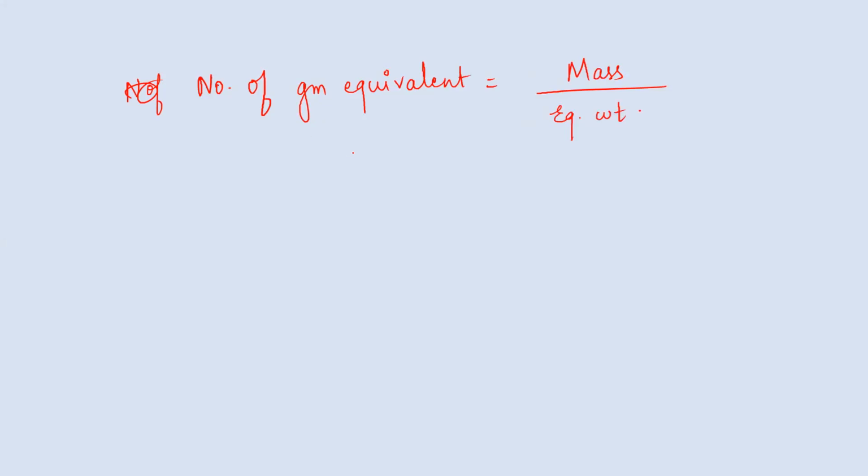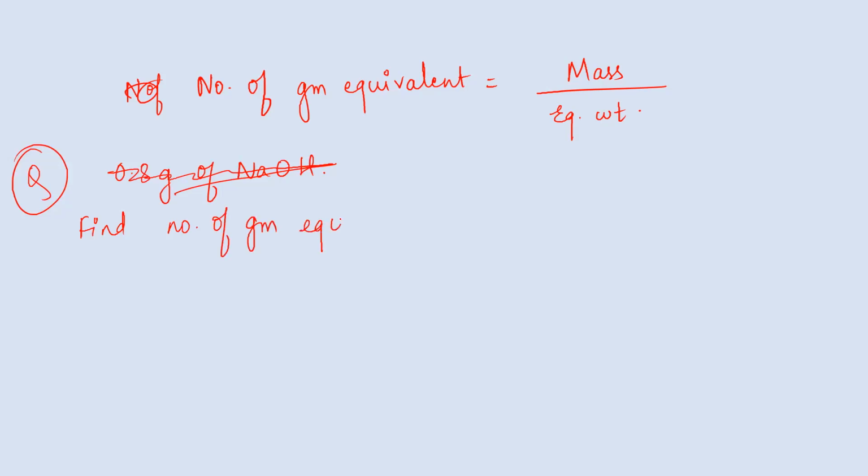Now, there is one question that I'll ask you here: find the number of gram equivalent present in 0.8 gram of NaOH.